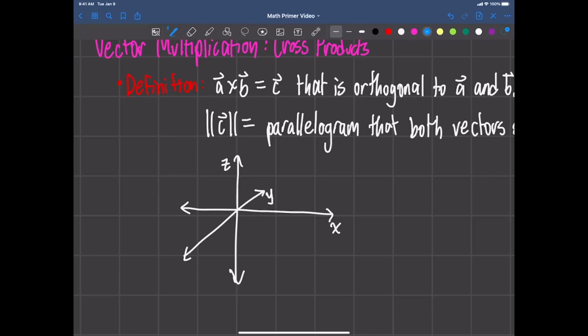So if we had the vector A and the vector B, the parallelogram that both of these span is the magnitude of the vector C, which is perpendicular to both A and B. In this diagram, A and B are flat along the x and y axes, so they're just two-dimensional, and C is straight along the z-axis.